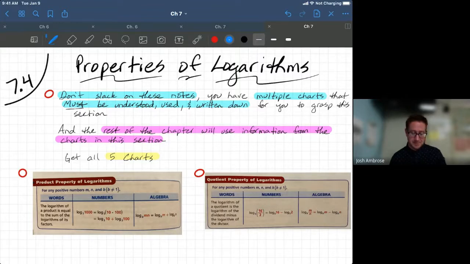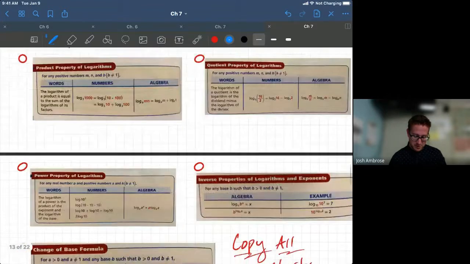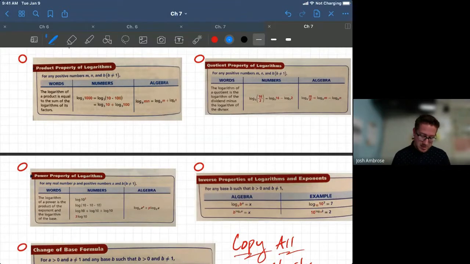First 4 charts right here. You can see them. You're going to have to use them. Key pieces, product property. Notice we're using addition.